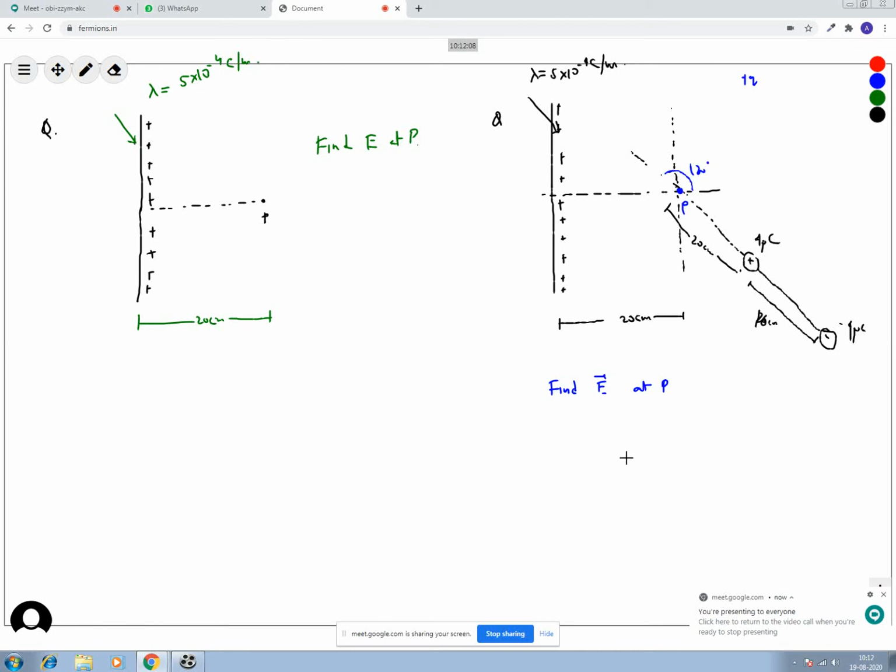Okay? So here is a hint to this question. Point P is on the axial line of the dipole, and P is at a perpendicular distance from the charged wire. So I think you will be able to do it.